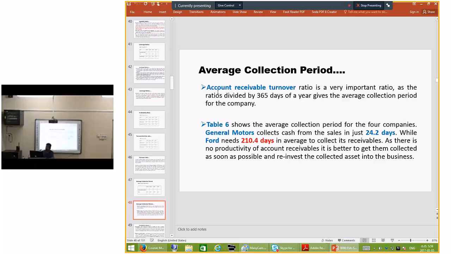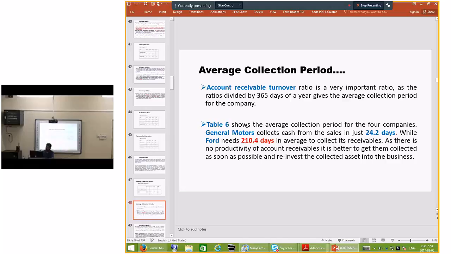Now if you refer to this one, account receivable turnover ratio is a very important ratio, as the ratio divided into 365 days of the year gives the average collection period for the company.